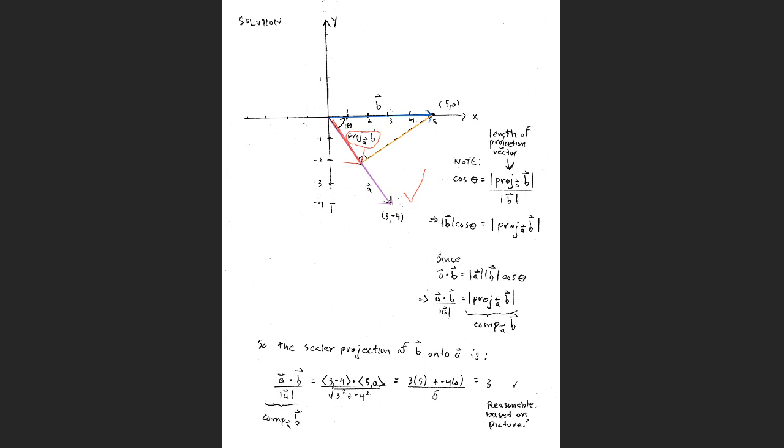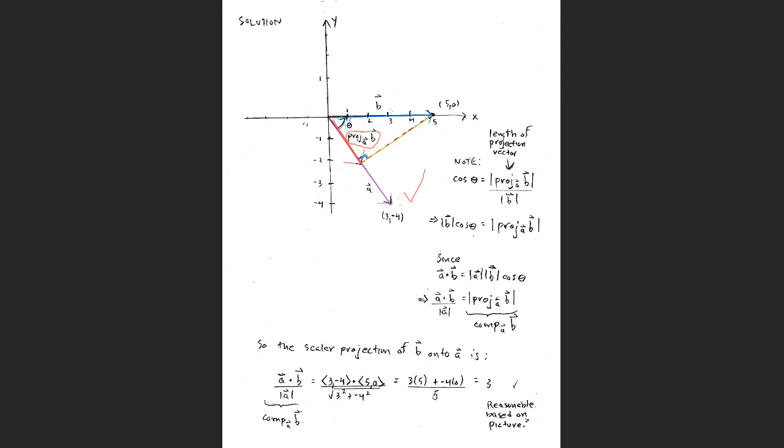Okay, good. So how are we going to find this projection vector? Well, look at the triangle that's created by the vector B and the perpendicular drop onto the vector A and then the projection vector. That triangle is a right triangle, right? And that's always going to be the case. Now, there's an angle theta here.